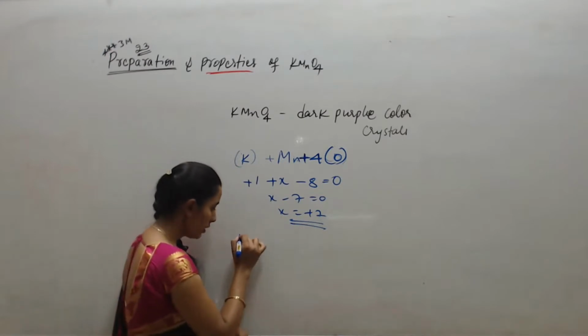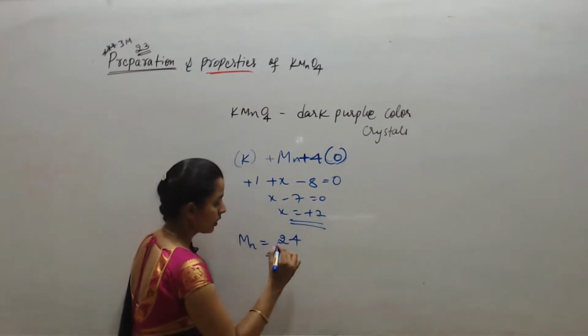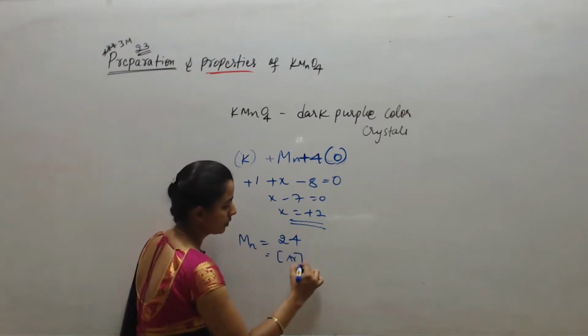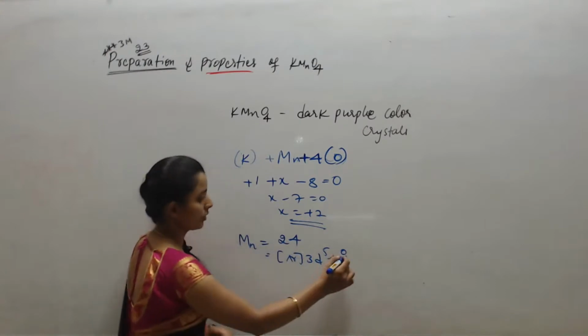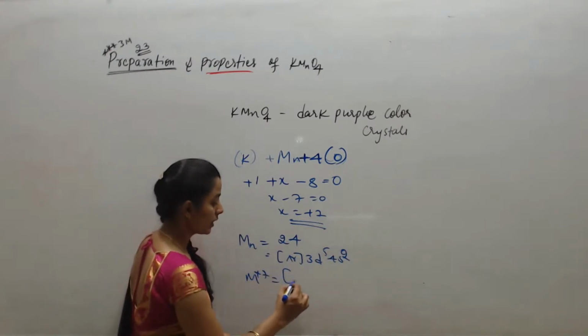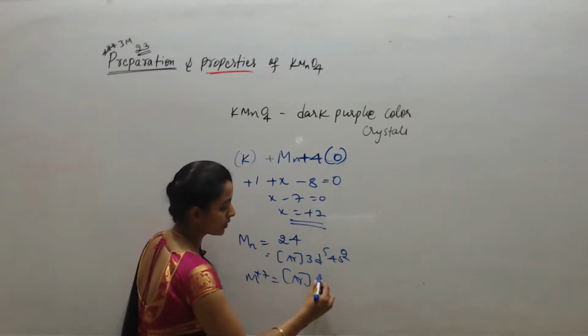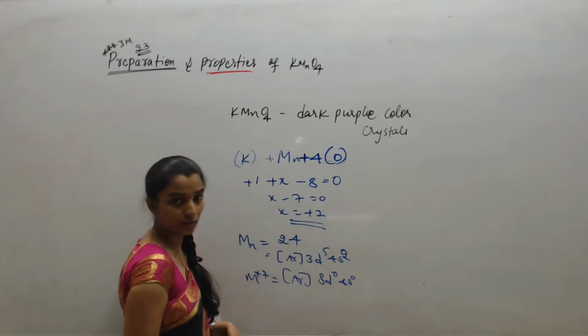So listen, if we consider the atomic number of manganese, the configuration is argon 3d5 4s2. So Mn plus 7 means it is the argon configuration only, that is 3d is 0 and 4s is also 0.